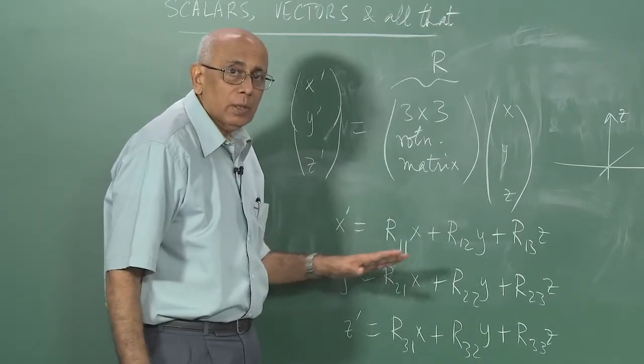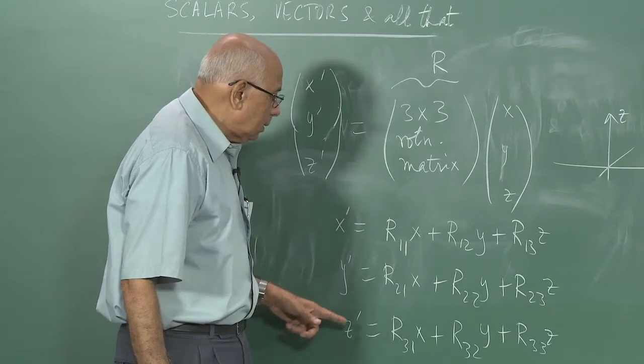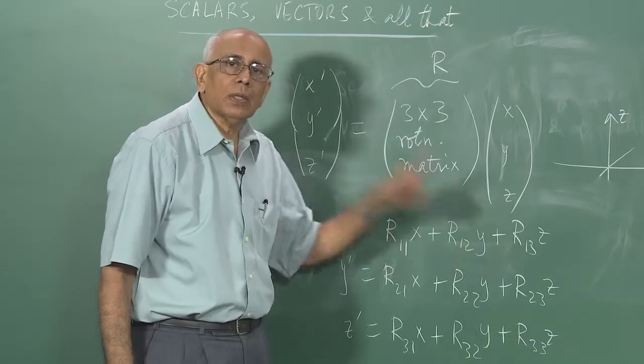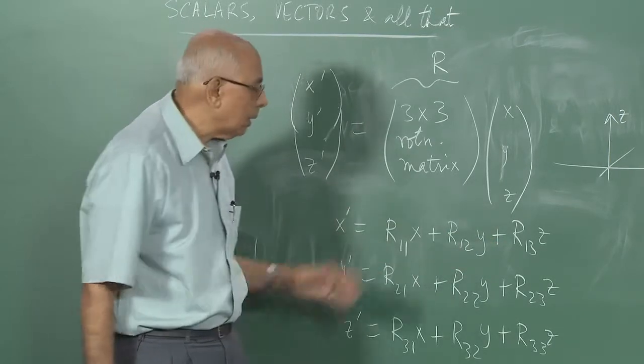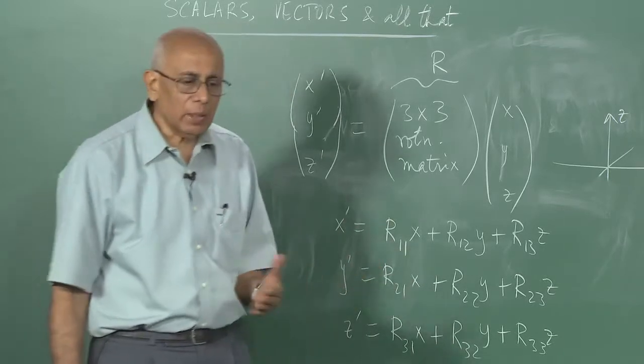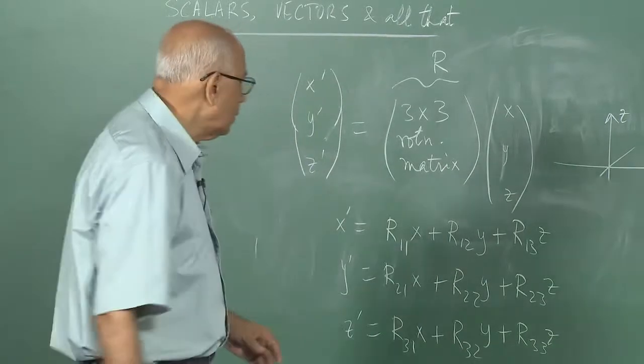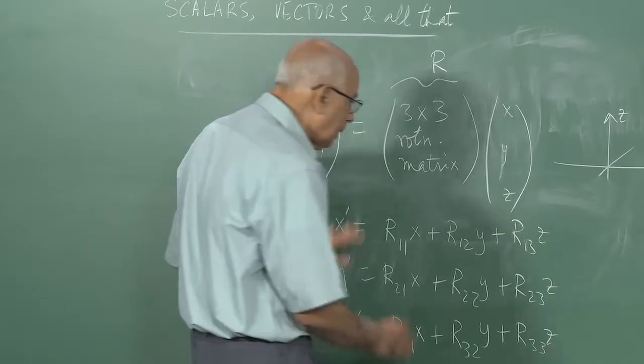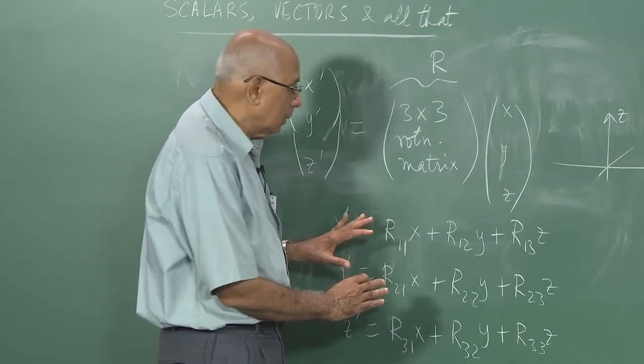So each component of the new vector is a linear combination of all the components of the old vector. Some of these components may or may not exist depending on the specifics of the rotation, but that is the general structure here.